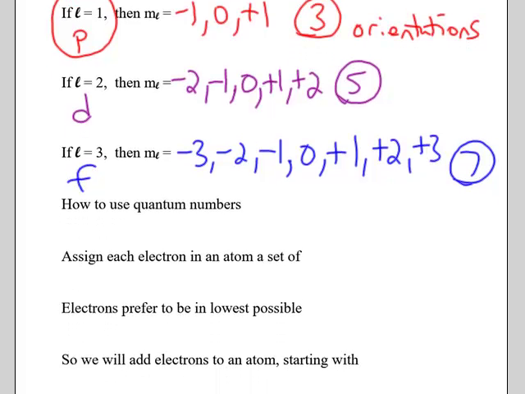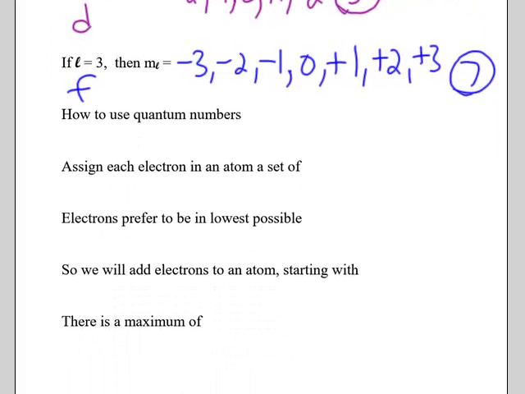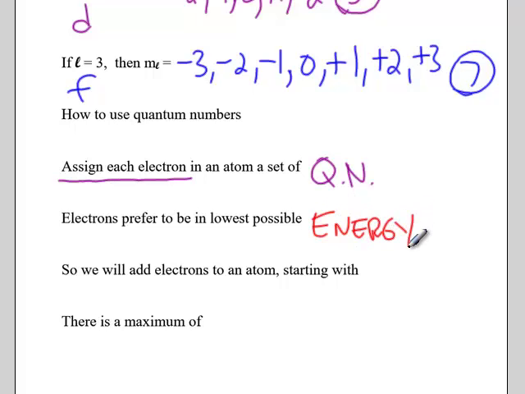The way we use the quantum numbers is by assigning each electron in an atom into a set of 4 quantum numbers. And the key is electrons prefer to be in the lowest possible energy orbitals. So they want the lowest energy. We have to fill those first.